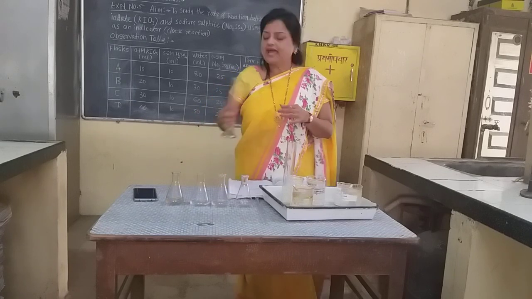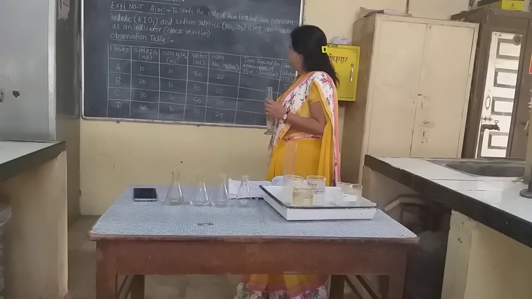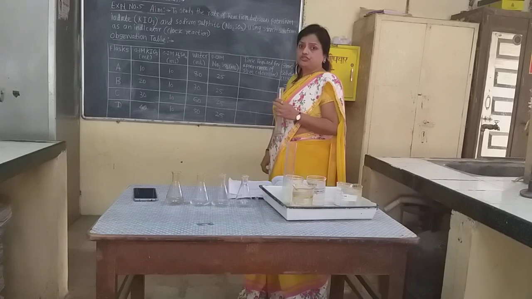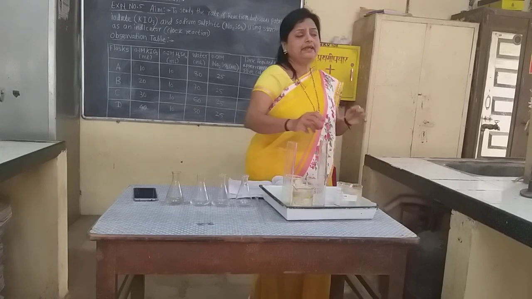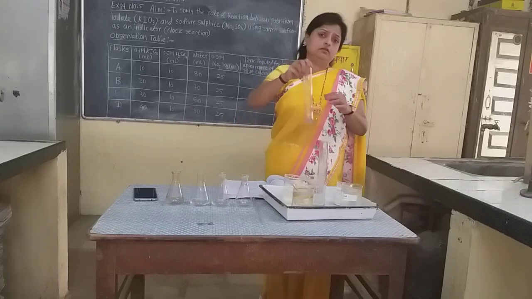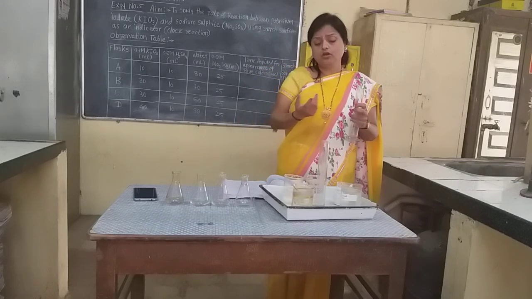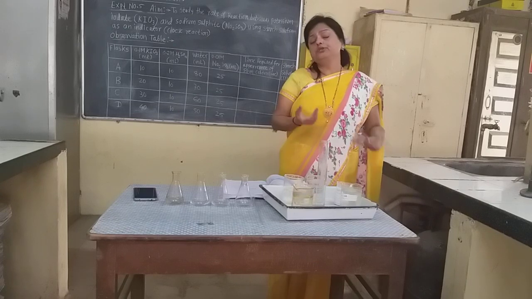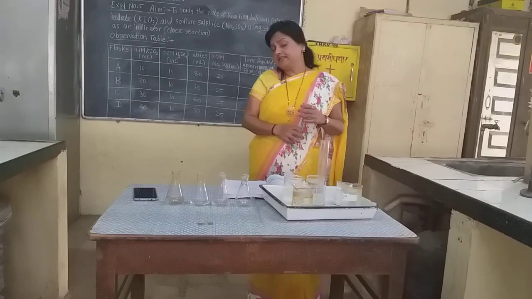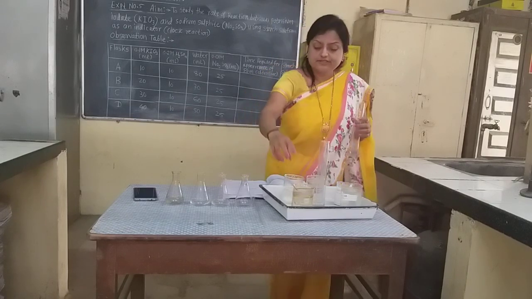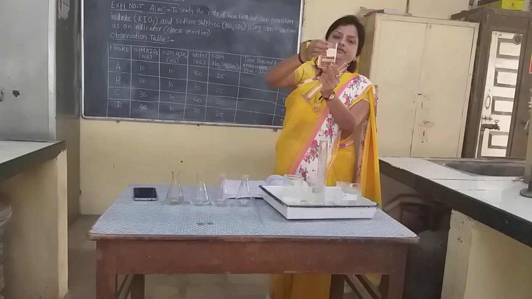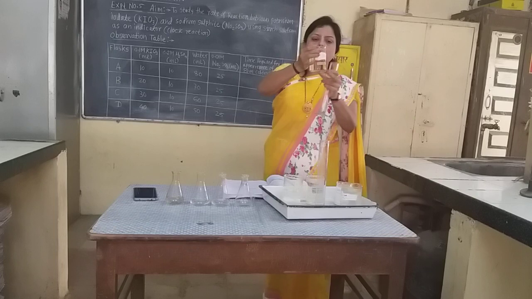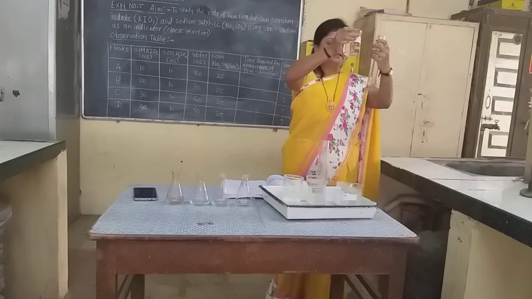Now just add 10 ml of sulfuric acid solution. You can take another measuring cylinder for that, or you can use the 10 ml measuring cylinder also. This is the 2 molar sulfuric acid solution.